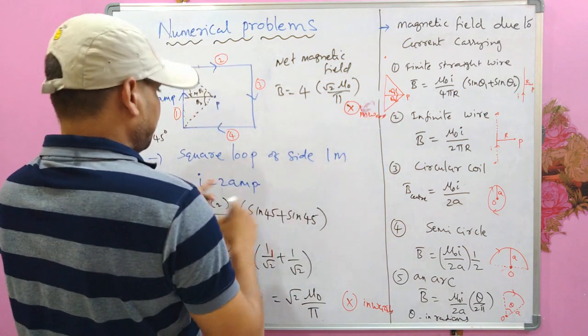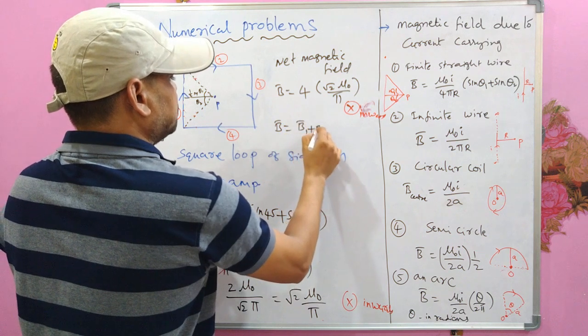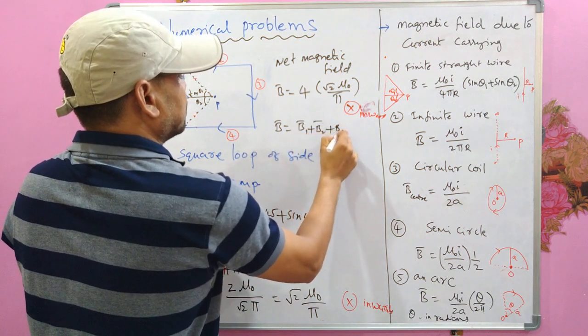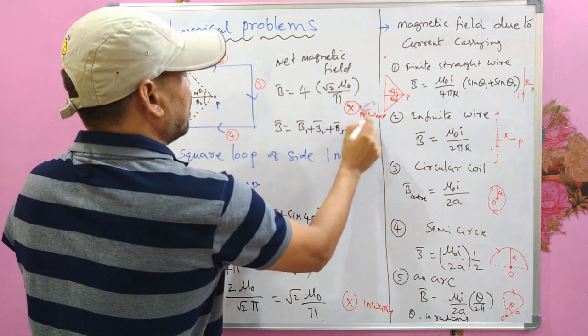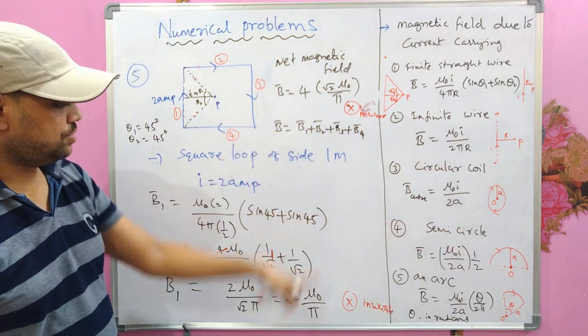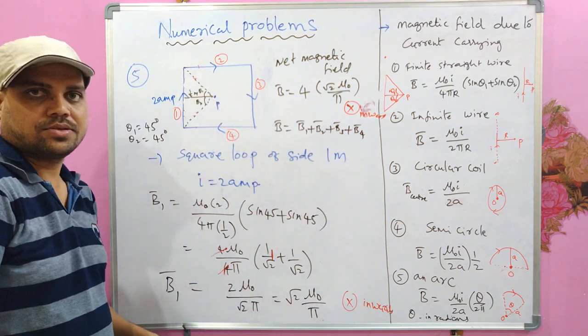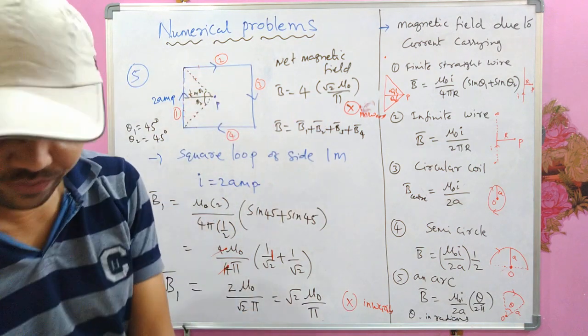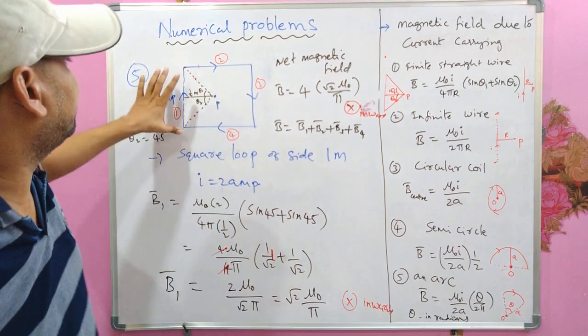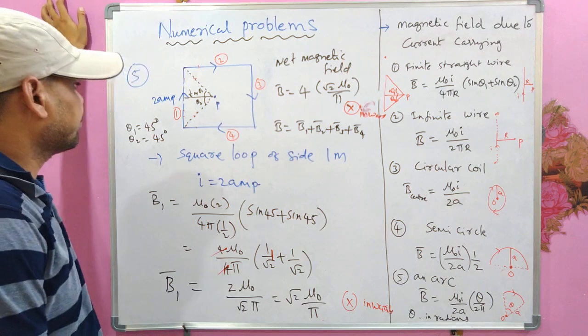How is it? Actually B bar is B1 plus B2 plus B3 plus B4, and all are equal. So that is 4 into this, and inverse direction. So this is how we have to calculate the magnetic field produced by this kind of current carrying square loop. Okay.